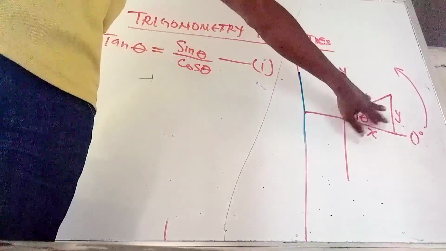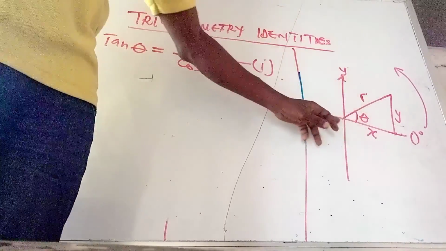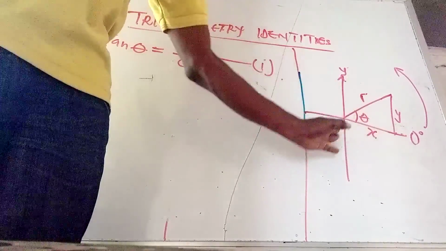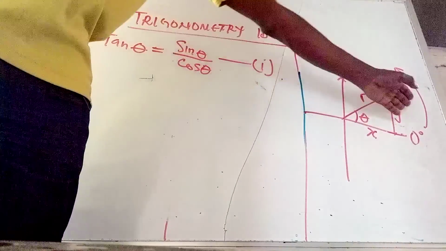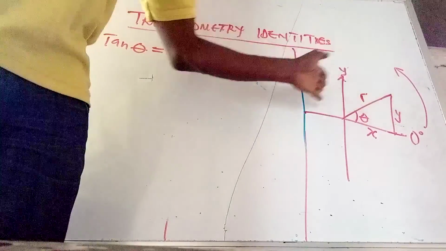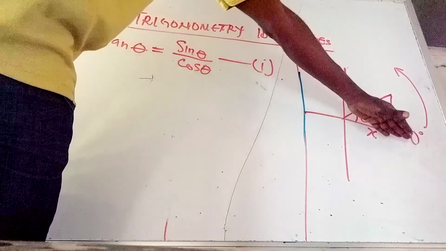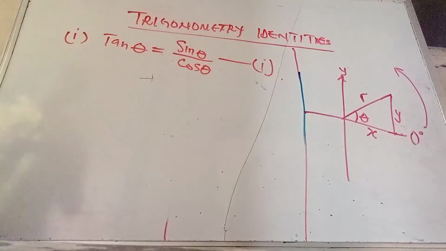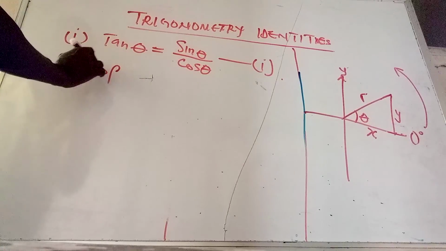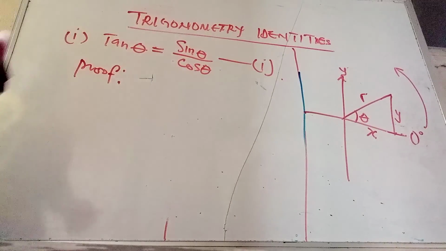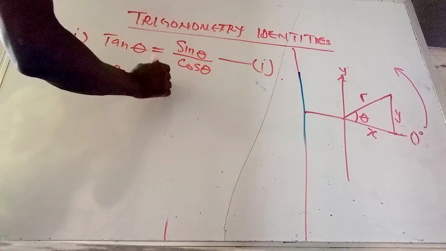This is a triangle that has been established. X axis, y axis. That means this side, which is vertical, is also y because it's parallel to the y axis, and this is x. Using SOHCAHTOA, what will be sine of theta?